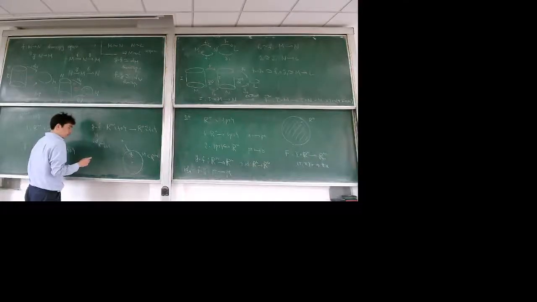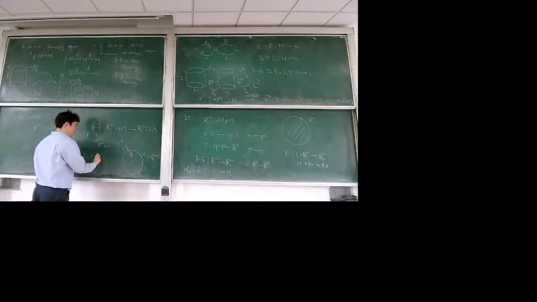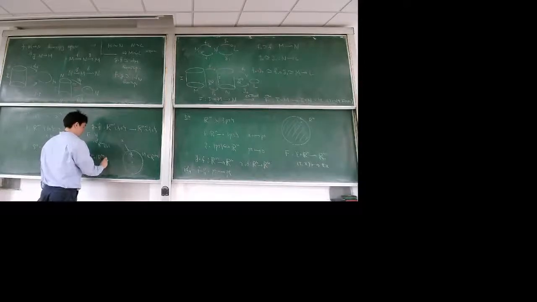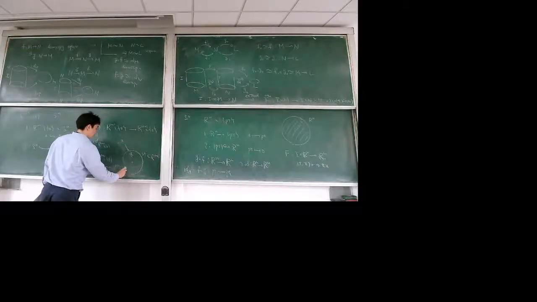So the homotopy F, the map from I × (R^(n+1) minus 0) to R^(n+1) minus 0, is constructed as follows.